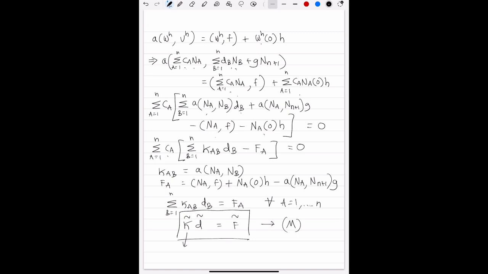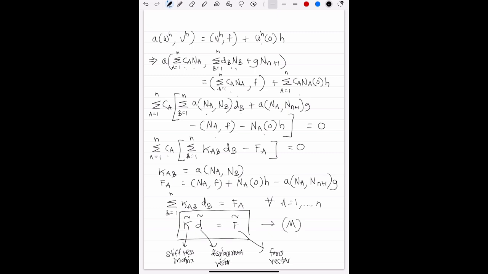Here the matrix K is often in FEM terms called the stiffness matrix. The unknown vector D is called the displacement vector. And the right hand side F is called the force vector.